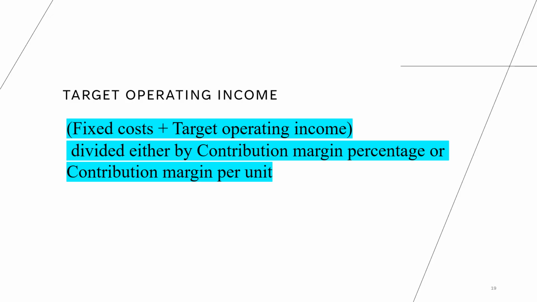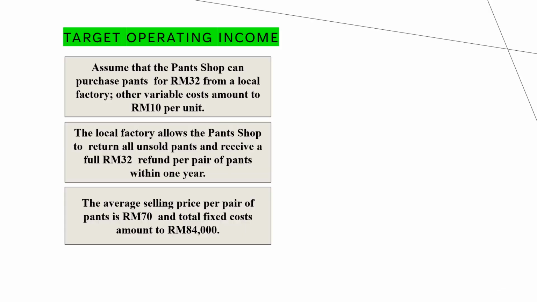Okay, now let me see how to target our operating income. If you are referring to the formula, fixed cost plus your target operating income, and then you divide either by the contribution margin percentage or the contribution margin per unit.